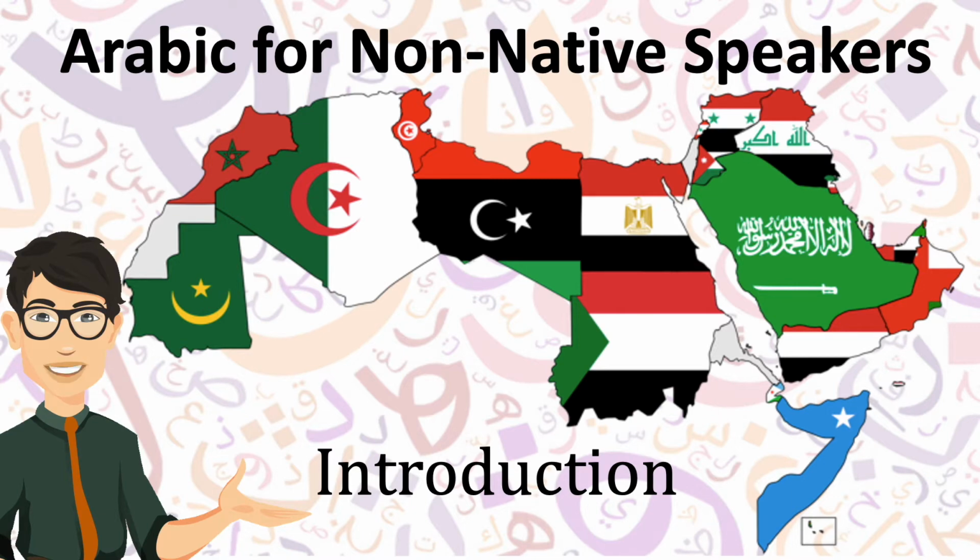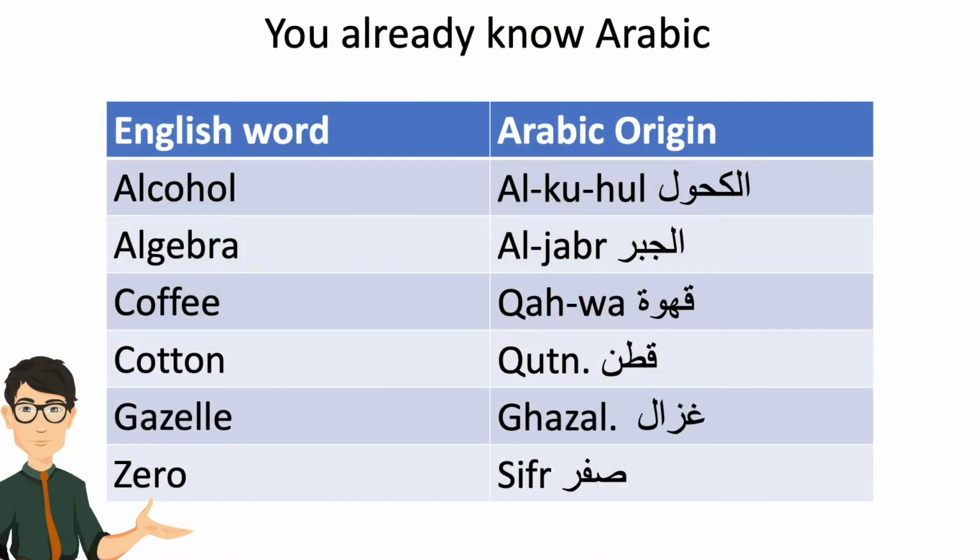You're going to be surprised that you already know some Arabic to begin with. As an English speaker, you should know that Arabic had a major influence on the English language. Some English words, such as admiral or arsenal, have an indirect Arabic origin, whereas others, such as coffee and cotton, are exact matches.